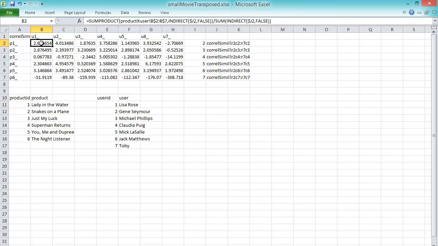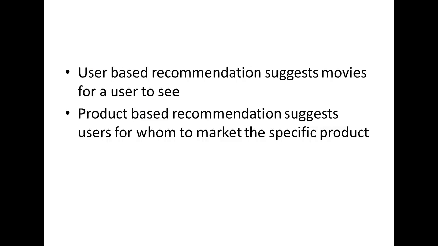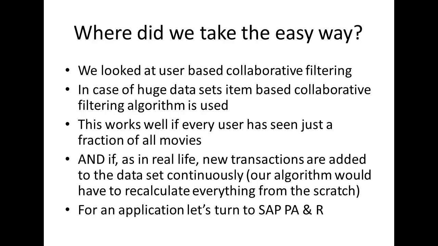Then we can look at all the user scores for this product and determine that it seems that user 2 has the highest rating for this product, and now offer this specifically to user 2. So to start concluding, we can say that user-based recommendation system suggests movies for a user to see. And then if we turn the tables and get a product-based recommendation system, it suggests users for whom to market the specific product.